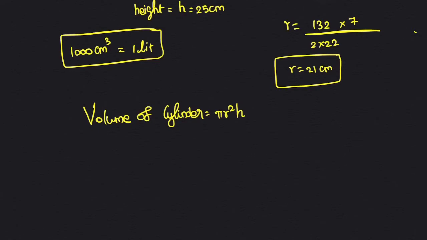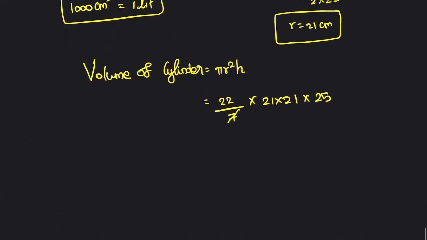Just replacing the values, pi is 22 by 7, then r square, r is equal to 21, we multiply that twice, so 21 into 21, then the height is 25 centimeter. Then cancelling 3 and simplifying, we get 34650 centimeter cube. So this is the volume.